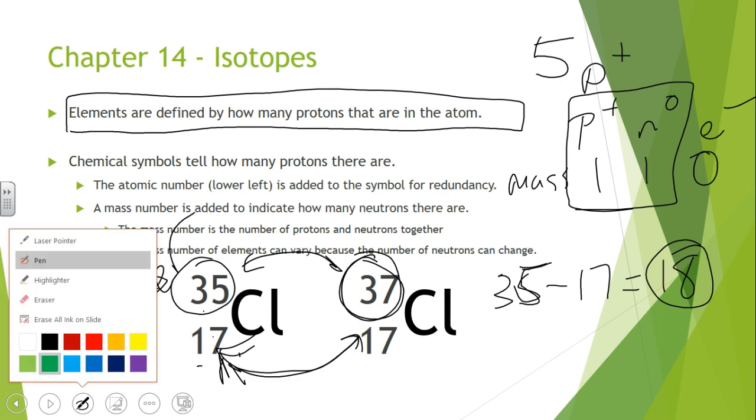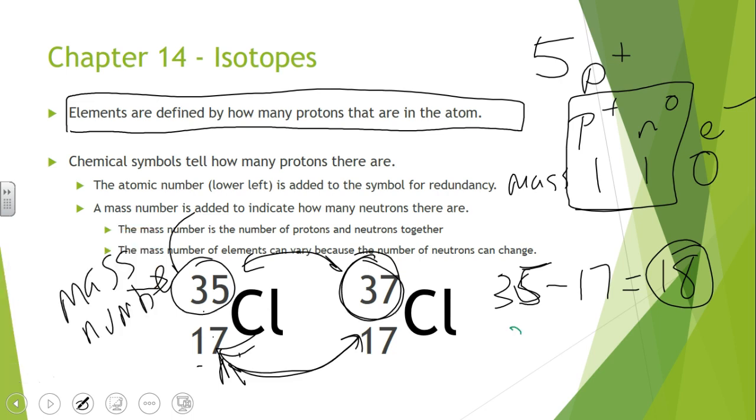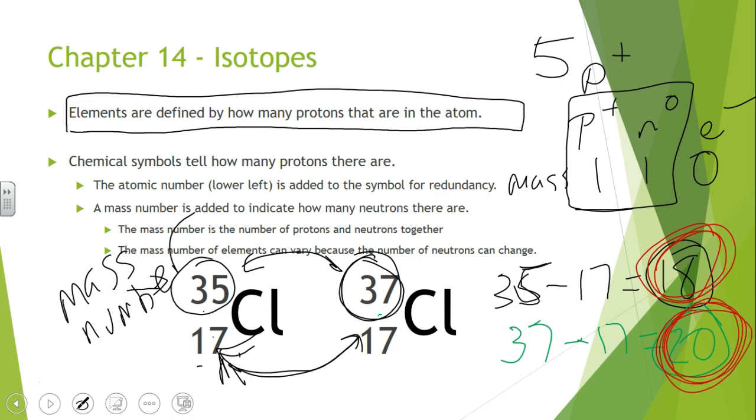So here we have a mass number of 37, but 17 of those are protons. So that means that this guy has 20 neutrons. So we have one isotope that has 18 neutrons and another isotope which has 20 neutrons.